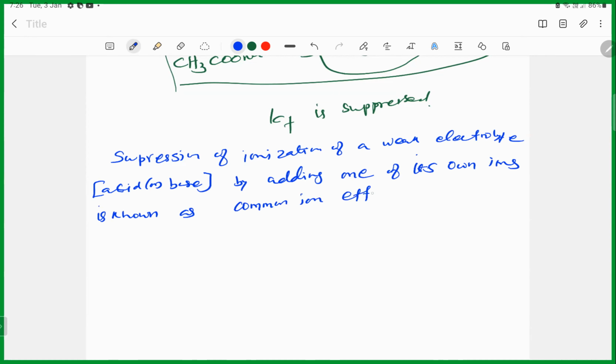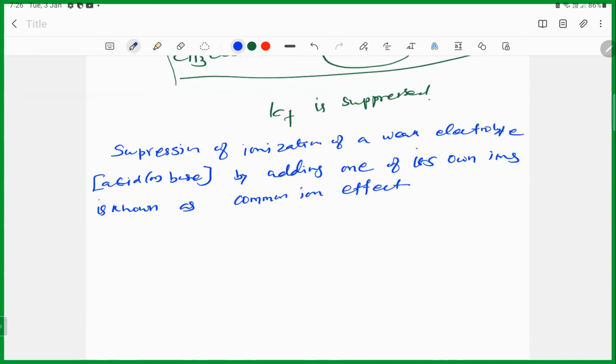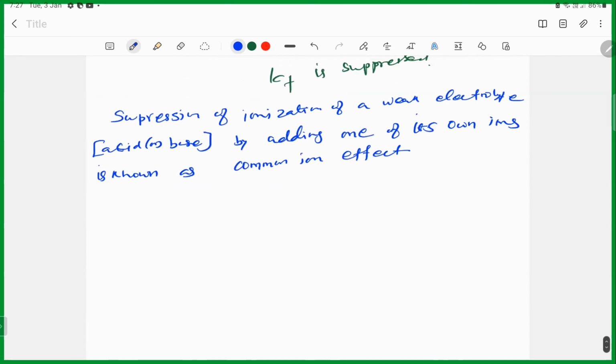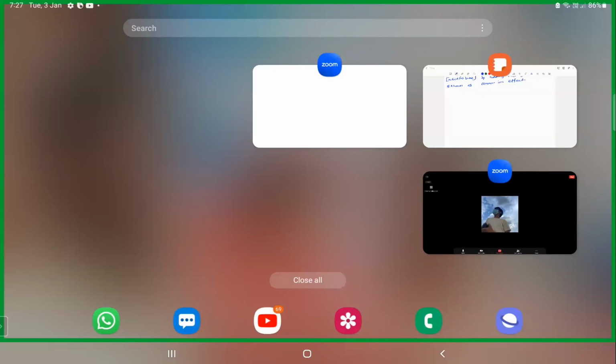So lab பண்றீங்களா ஸ்கூல்ல? Have you done salt group separation, cation analysis பண்றீங்களாம்மா? Yes, sir. Group separation பண்றீங்களா?